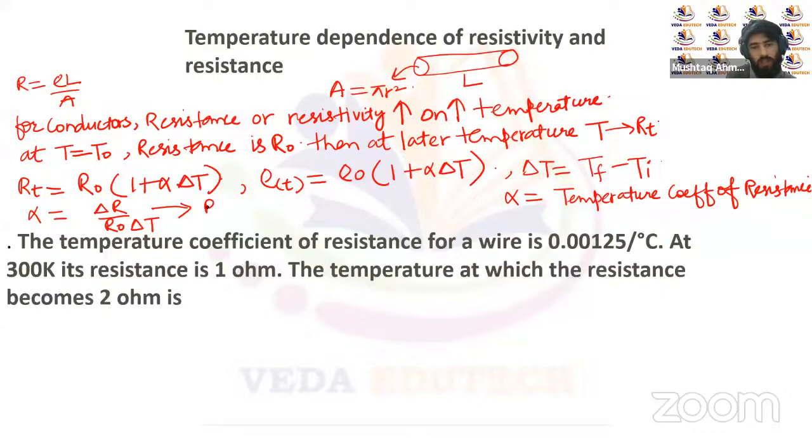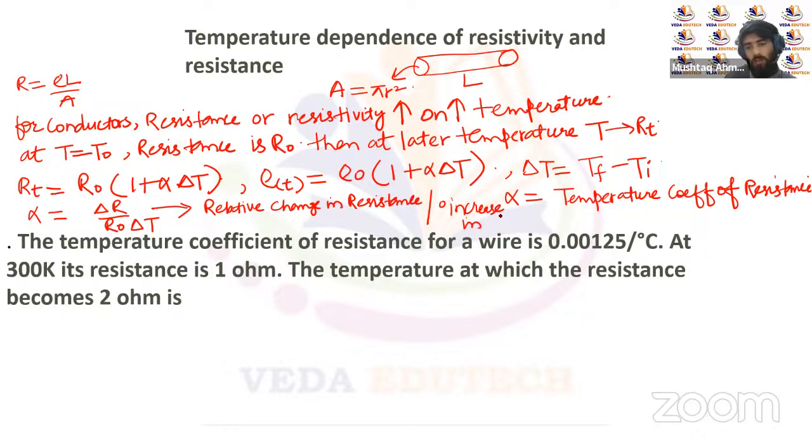So we can define it as the relative change in resistance per degree increase in temperature.